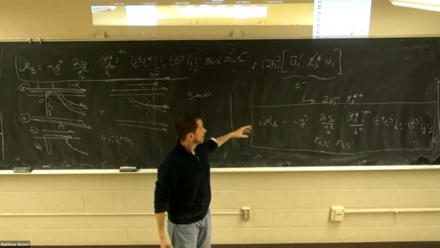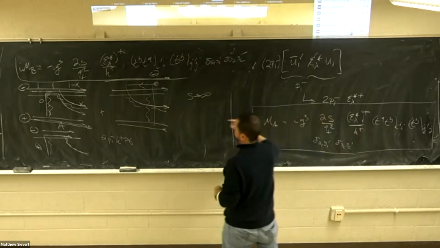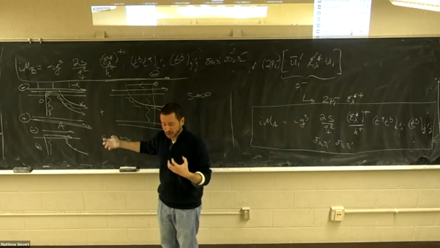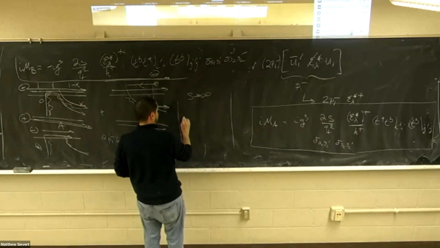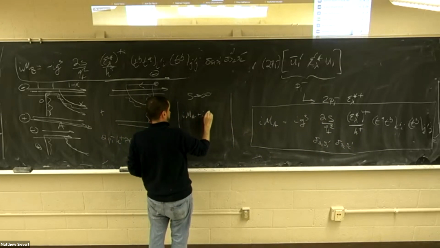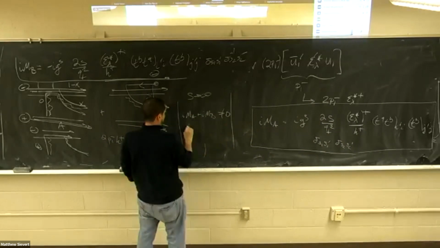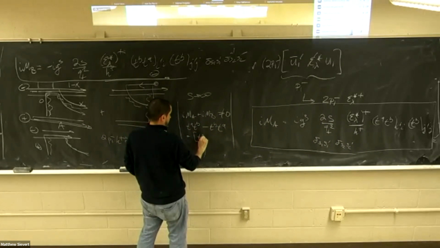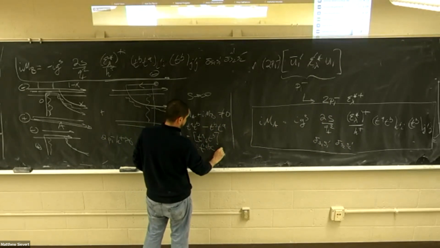But this is the game changer. Because I have color matrices that appear, and because my initial and final state diagrams have those color interactions in a different order, the sheer fact that this is a non-abelian theory means that when I add those two diagrams together, A plus B, I do not get 0. Instead, I get T^A T^B minus T^B T^A, which is a commutator of T^A T^B, which gives me the structure constants i f^ABC times T^C.